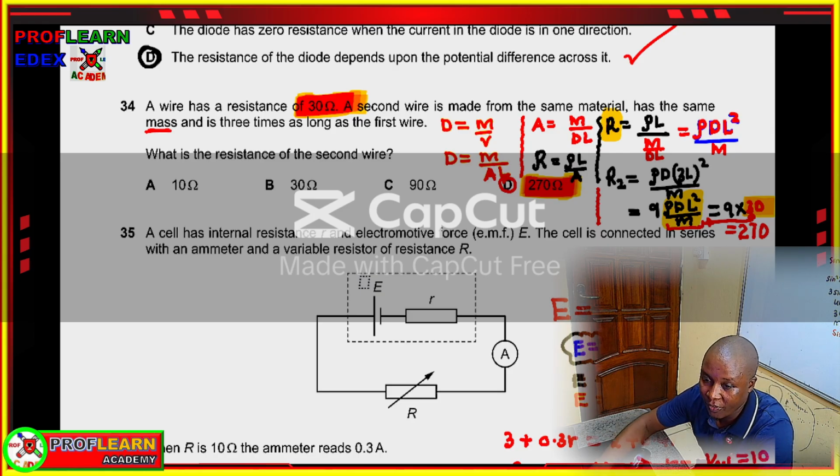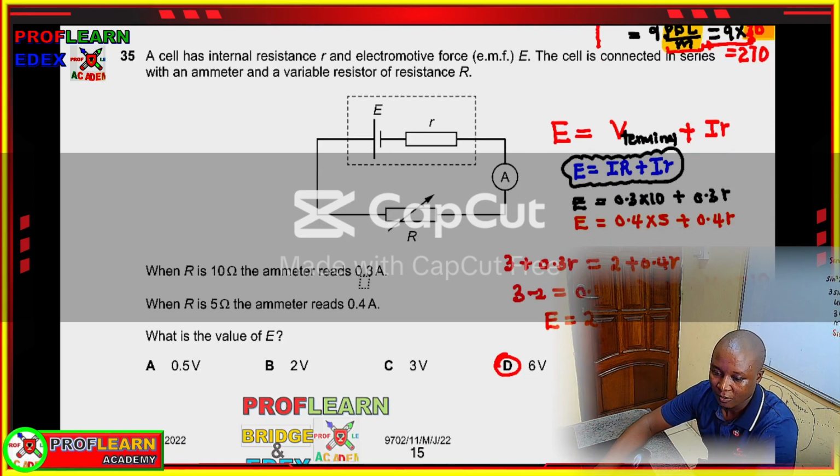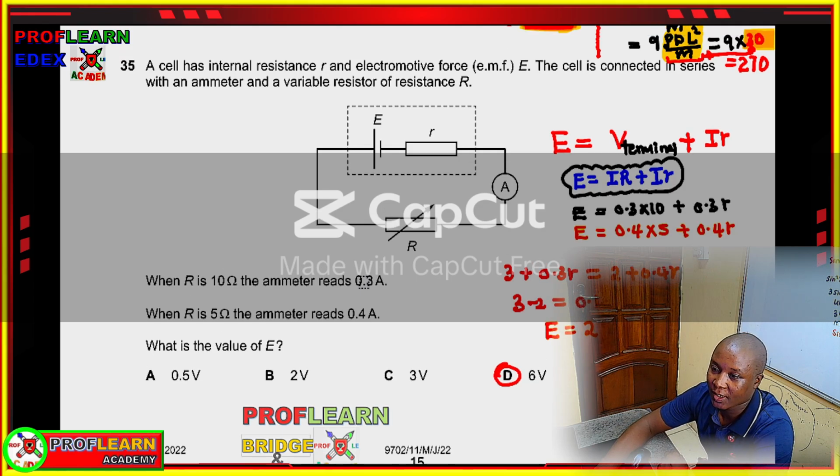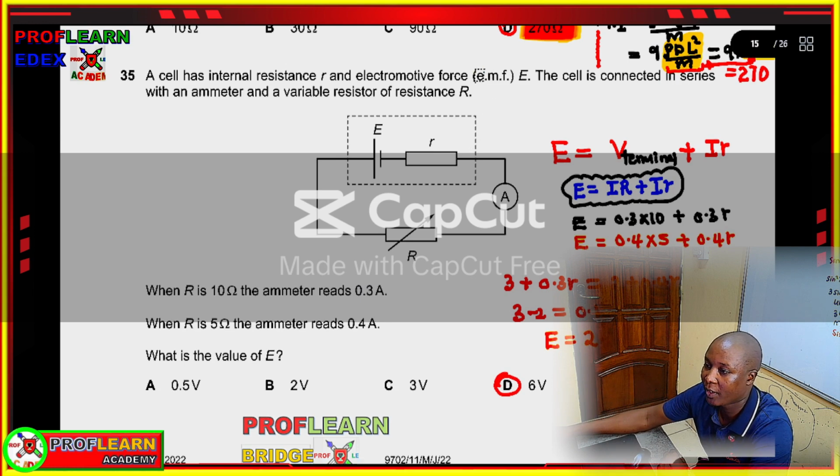All right, so moving to question number 35. Question number 35 says, a cell has internal resistance r and electromotive force of E. The cell is connected in series with an ammeter and a variable resistor as shown here, where R is 10 ohms and the ammeter reading is 0.3 amperes.